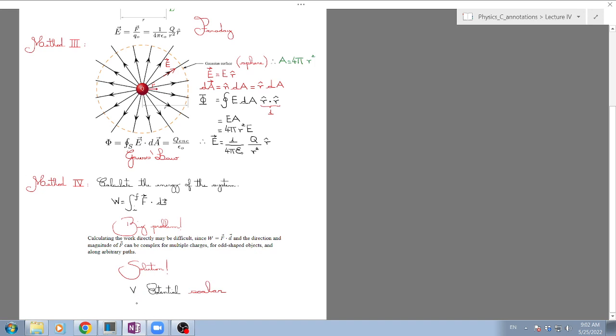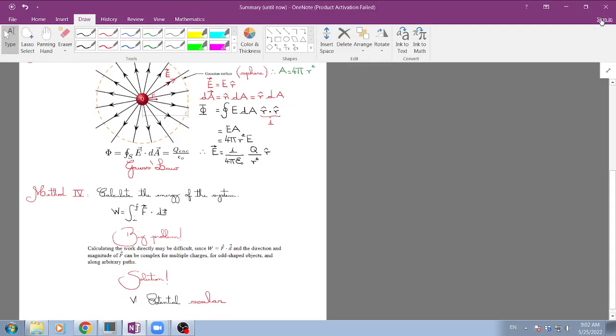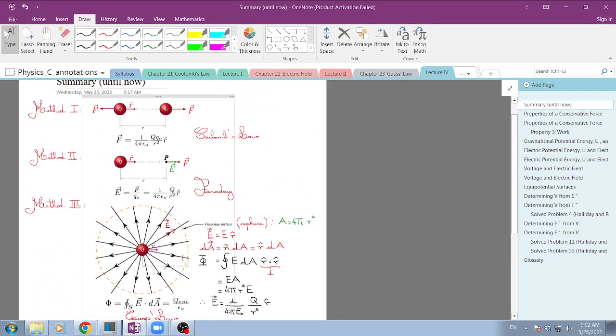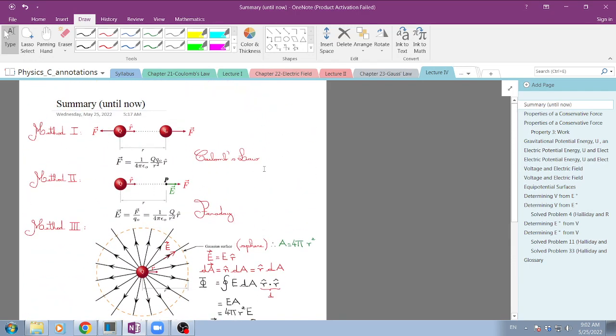And we already know about this. Let's go back a little bit and recall what we learned in mechanics a couple of months ago. I don't know if you remember that. And since we are working with the electric force, we are deadly sure that the electric force is a conservative force.